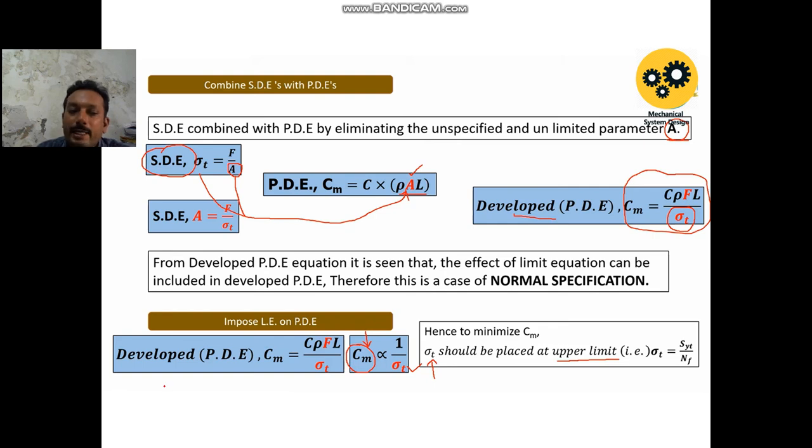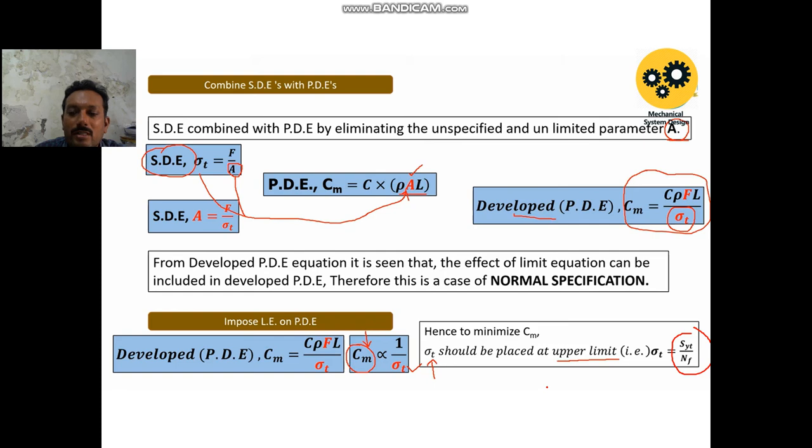So the new developed PD will be Cm equals C rho F L upon sigma T. Here Cm is directly proportional to 1 upon sigma T. All these other values will be constant, and we know that sigma T is given here as SYT upon NF.